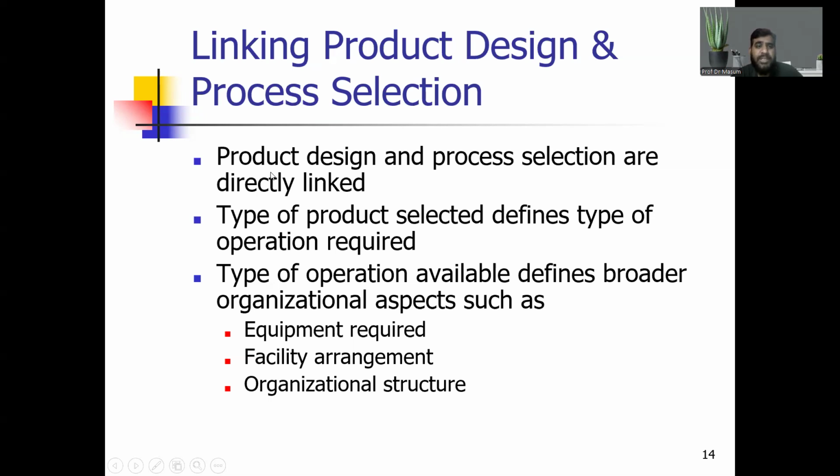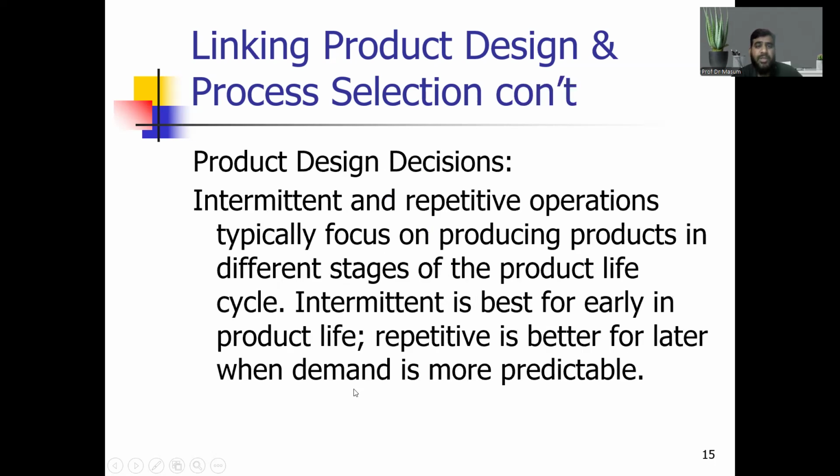Product design and process selection are directly linked. The type of product selected defines the type of operations required. The type of operations available defines broader organizational aspects such as equipment, whether equipment is available or not, facility, whether the facility is allowing your production, and whether the organizational structures support you to produce that product.